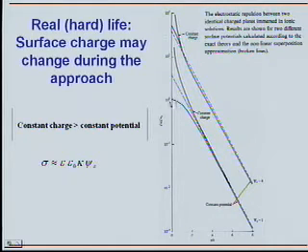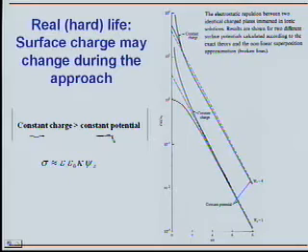And then you find that in nature you're going to have 2 cases. The force that you measure can be lower than the theoretical force, or it can be higher than the theoretical force. The reason is that you have 2 different physical cases that can happen in a real system. You can have constant charge on the surface, or you can have constant potential on the surface.